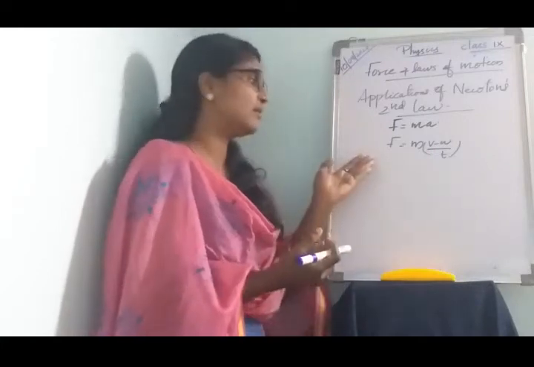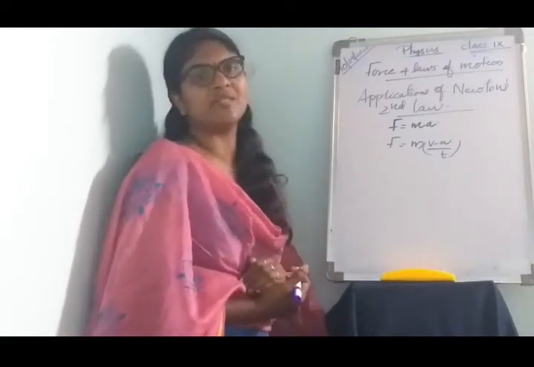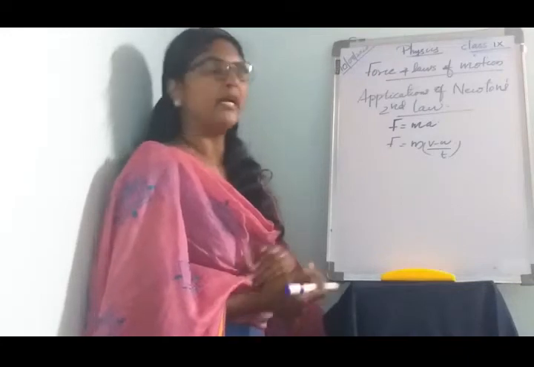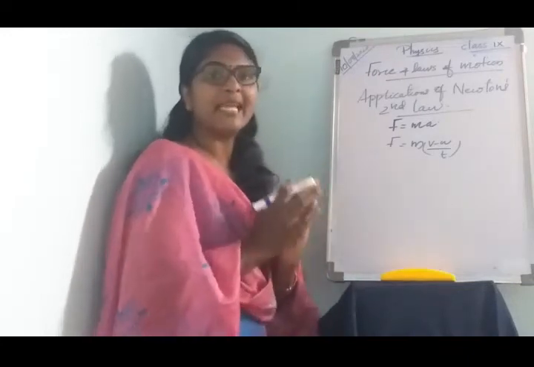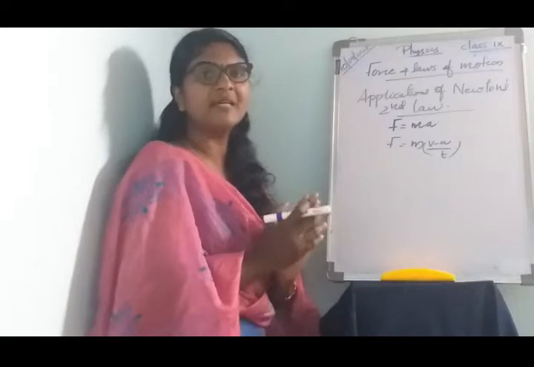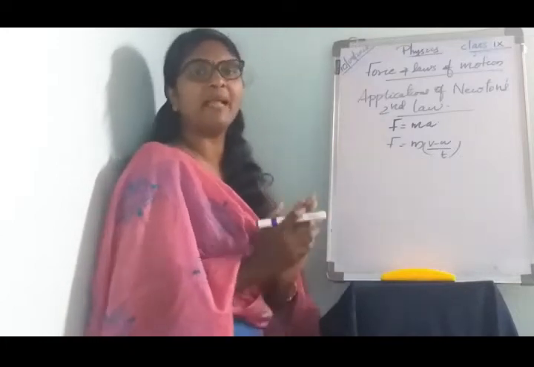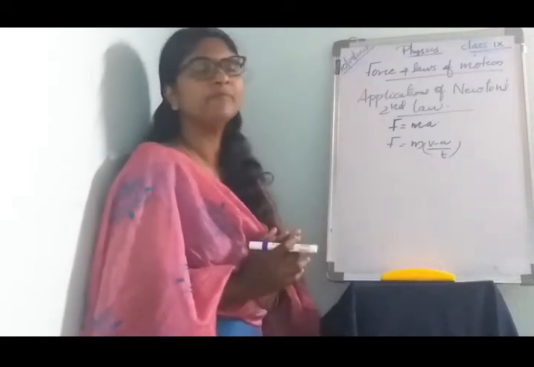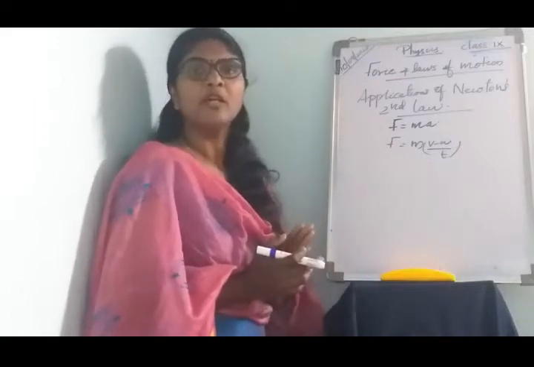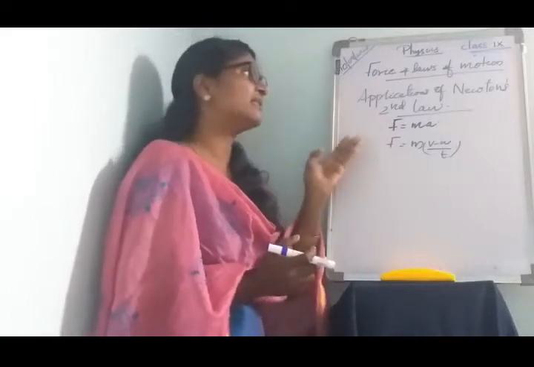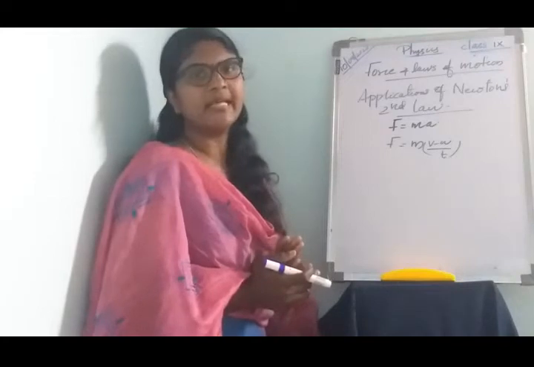That is why it causes injuries. Due to this, in athletic events such as high jump and long jump, the players are provided with either a heap of sand or cushion. That is the third application of Newton's second law.